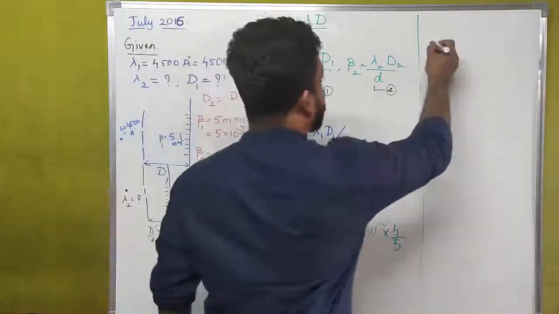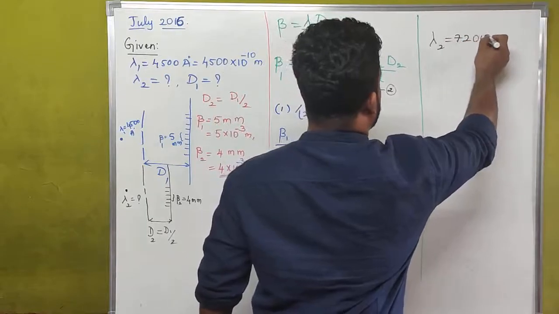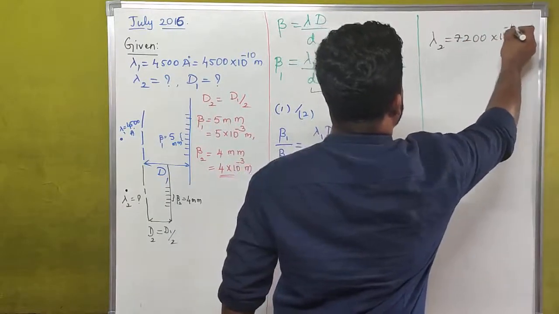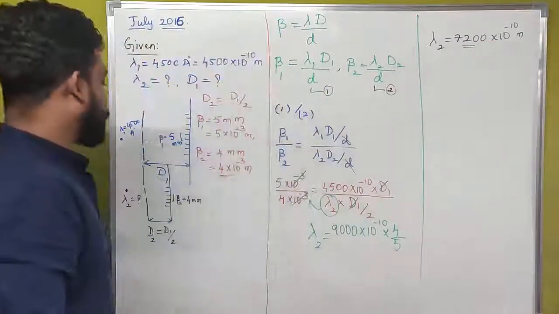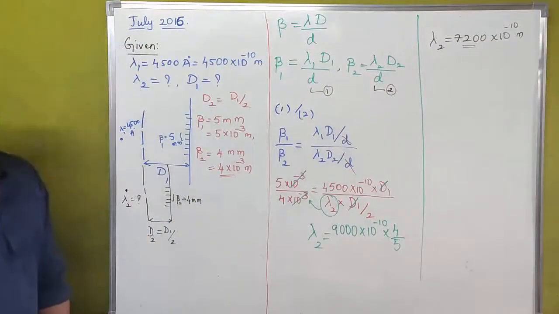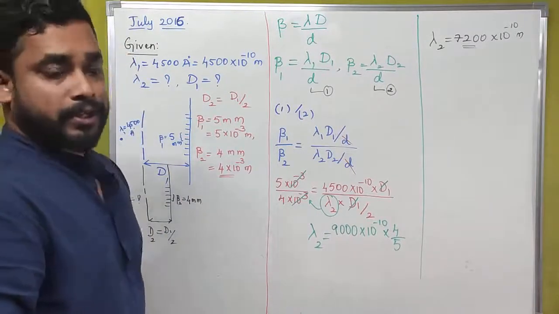The wavelength of the second wave is equal to 7200 into 10 to the power of minus 10 meter. Actually this is the wavelength of the second wave here. Lambda 2 is equal to 7200 into 10 to the power of minus 10 meter.